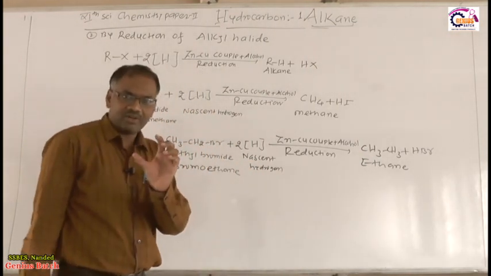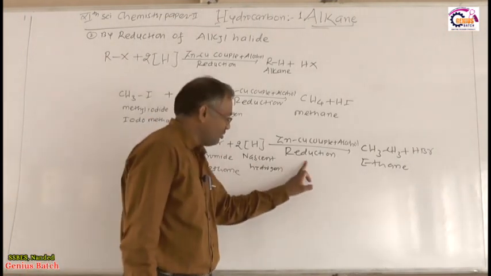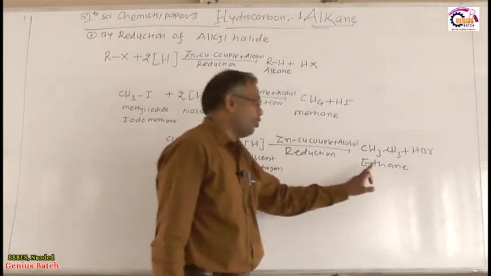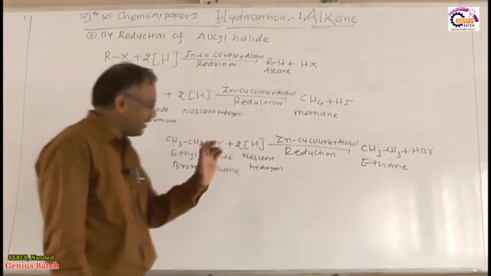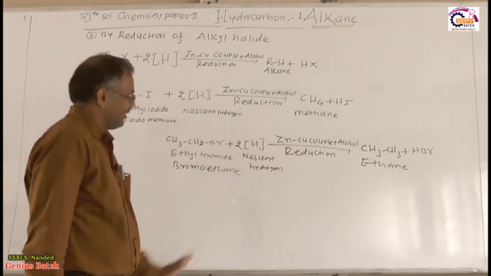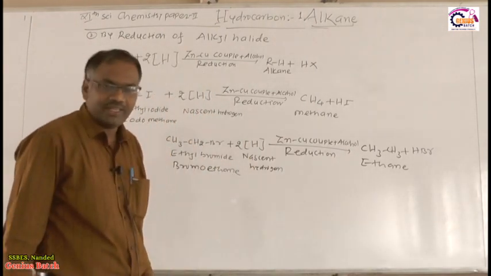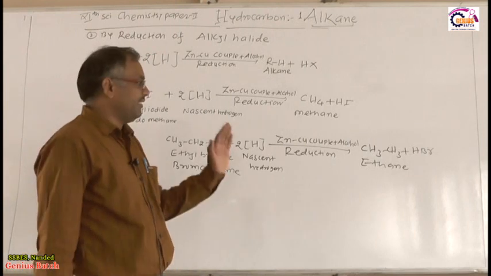First, theoretically write: when ethyl bromide is reduced with zinc copper couple and alcohol, it forms ethane. After writing the theoretical part, then you write the reaction form. So this is the second preparation of ethane.